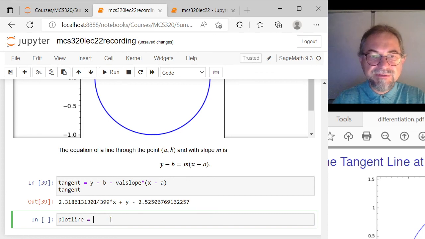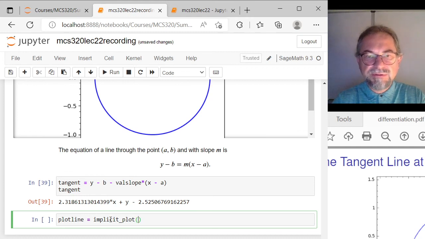the implicit plot. It is indeed a line command. That's not what we are using here. So I have my expression, which is the tangent, and I will use the same range as I did for the circle.